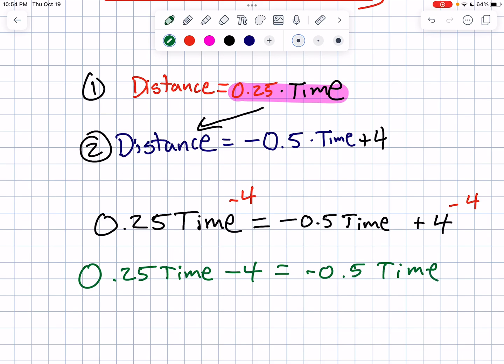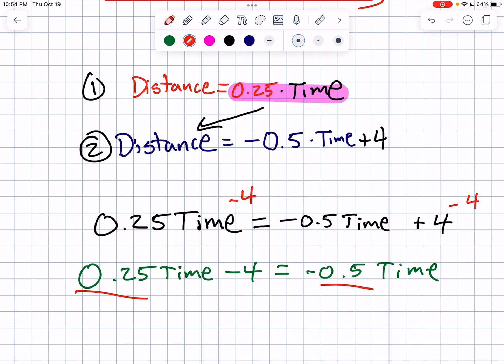Now, a beautiful thing here. You might notice that on both sides of the equation I have time, and I also have a coefficient, a number in front of it. I can't really simplify 0.5 time minus 4.